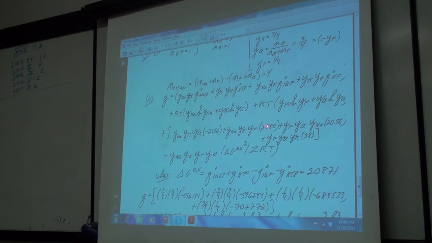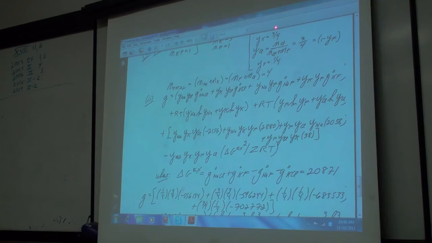Y sodium, Y potassium, Y fluorine times the excess Gibbs energy term for the sodium fluoride potassium fluoride system, similarly for the other two, minus Y del G exchange squared over ZRT, where the del G exchange is the Gibbs energies of sodium chloride plus KF minus the Gibbs energies of sodium fluoride and KCl, which is given by this.